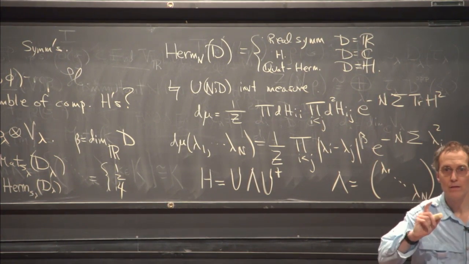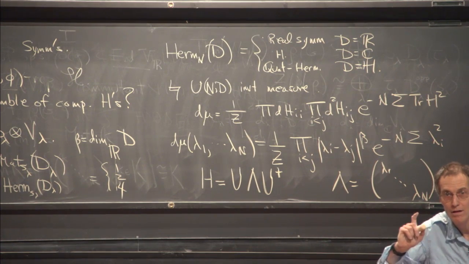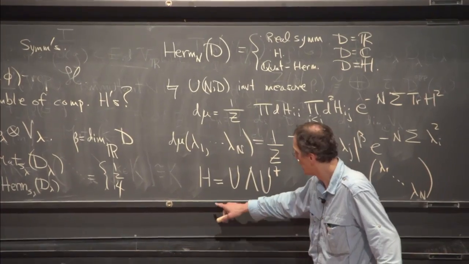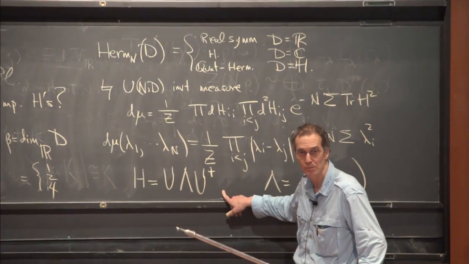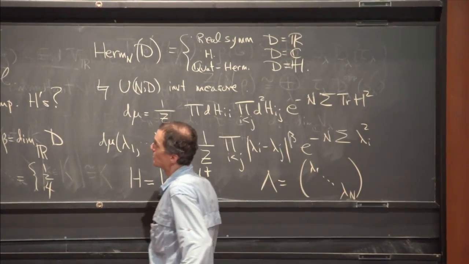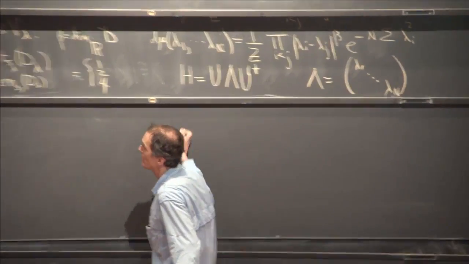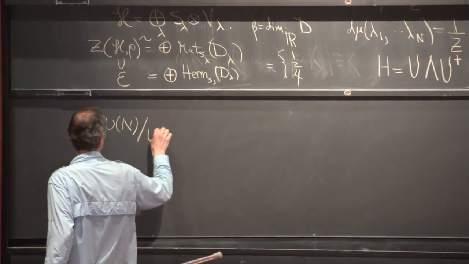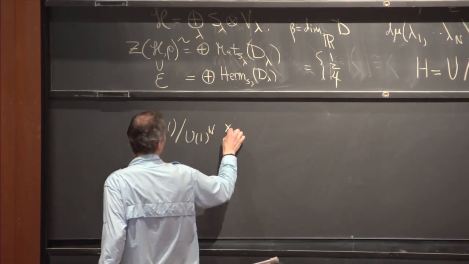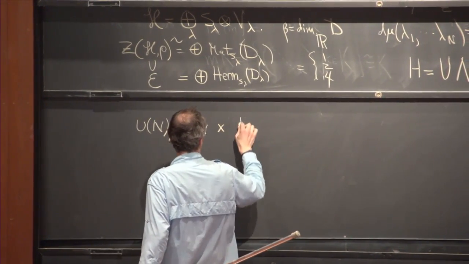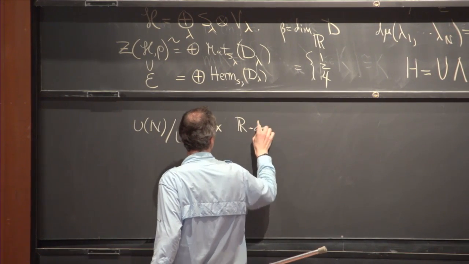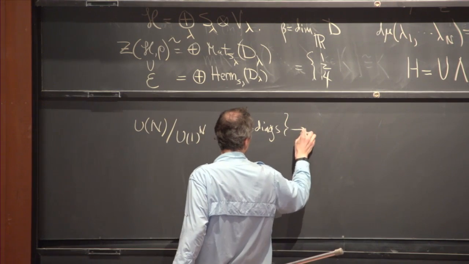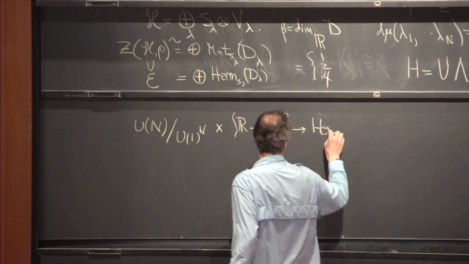Then you need to make a change of variables, so you really have a map from U(n) mod U(1)^n times real diagonals to the Hermitian matrices.